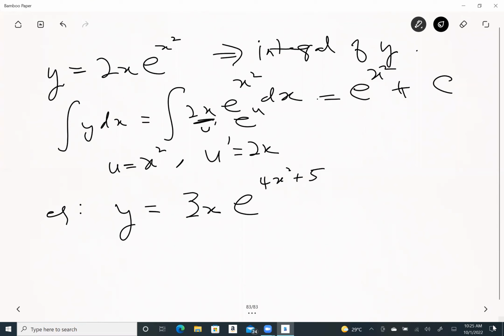Integrate this function, integrate y. So you have to apply the formula e to the power of u times u prime. If you have that form, then you can integrate. Okay, go ahead, do it now.